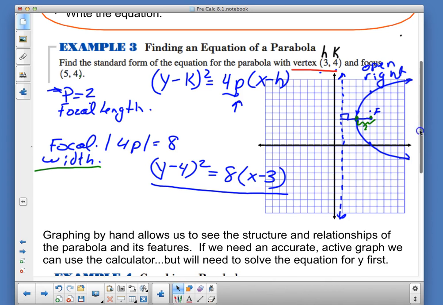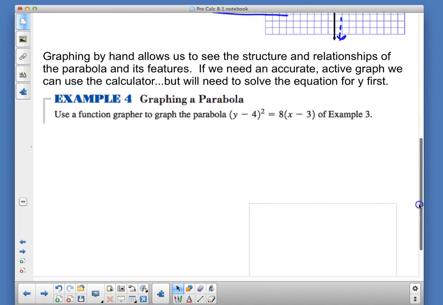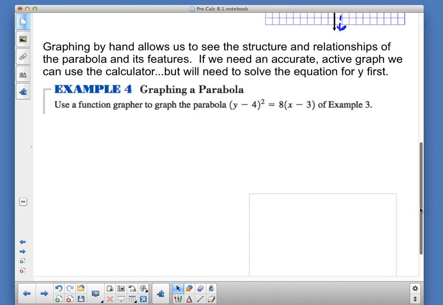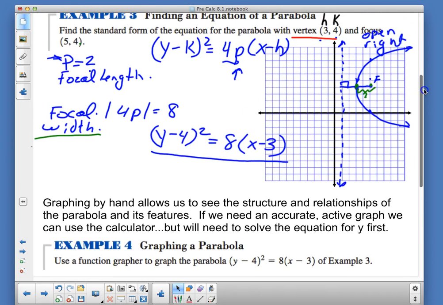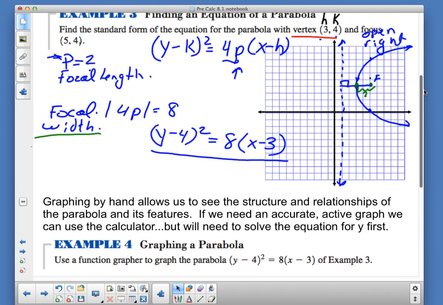Now, this next part, graphing by hand allows us to see the structure and relationships of the parabola and its features. If we need an accurate active graph, we can use the calculator. Now, keep in mind, depending on the parabola, can you actually graph a parabola that's in this direction? This y squared parabola, because remember, all my y's are y1 equals, y2 equals, y3.